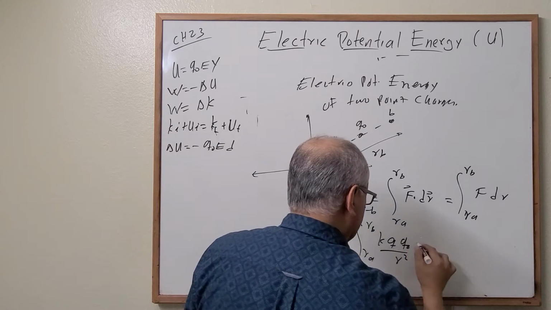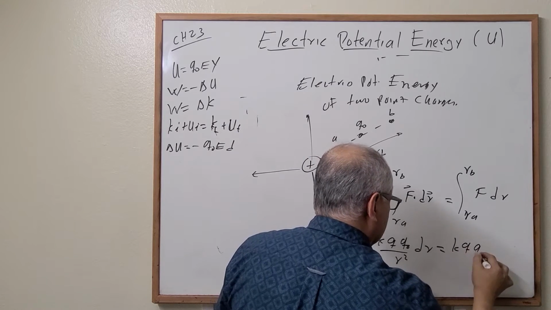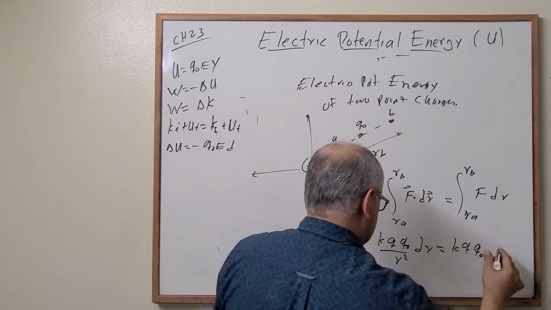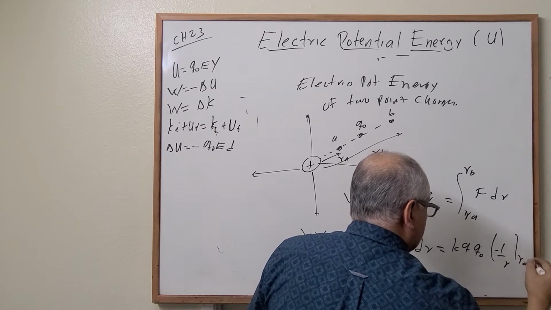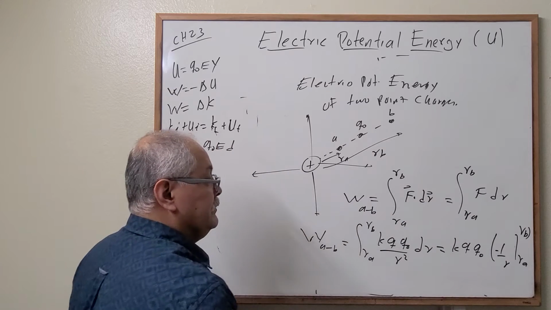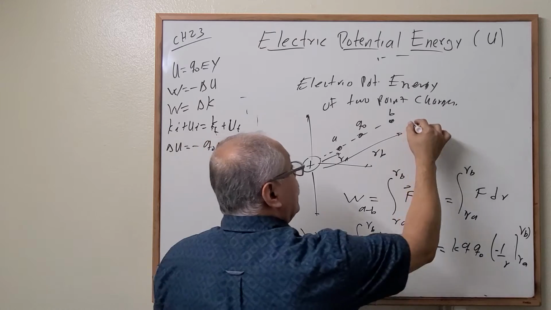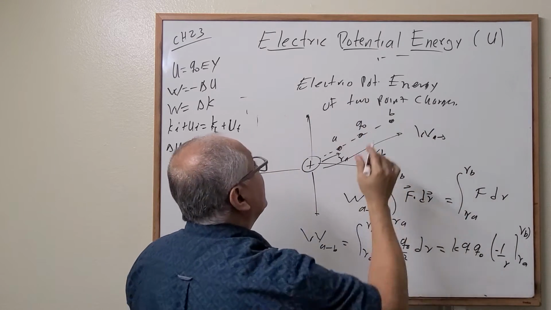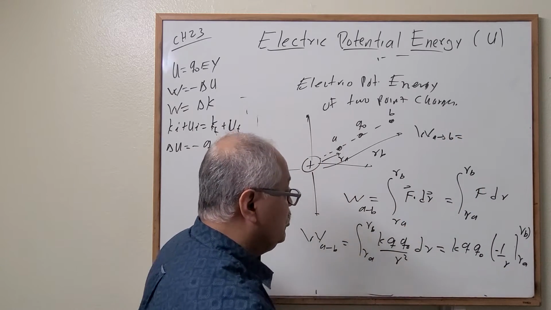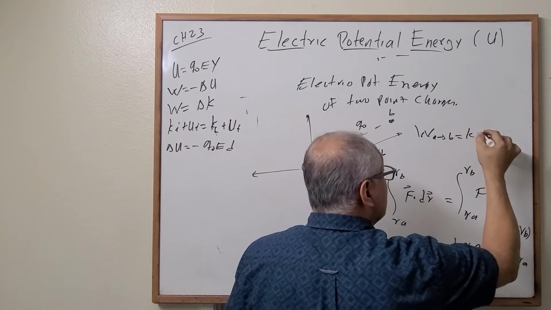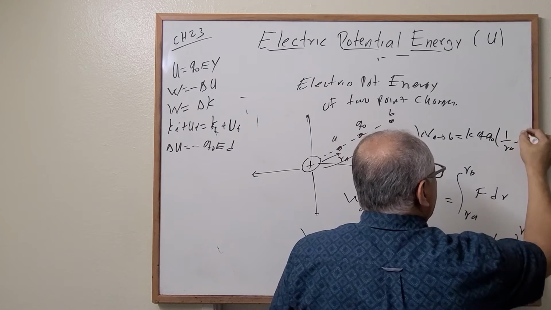Then what should this integral be? dr. It's going to be K Q Q naught times negative 1 over R from initial position to final position. And what should then be this work? The work from A to B for 2 point charges is going to be equal to K Q Q naught times 1 over R A minus 1 over R B.